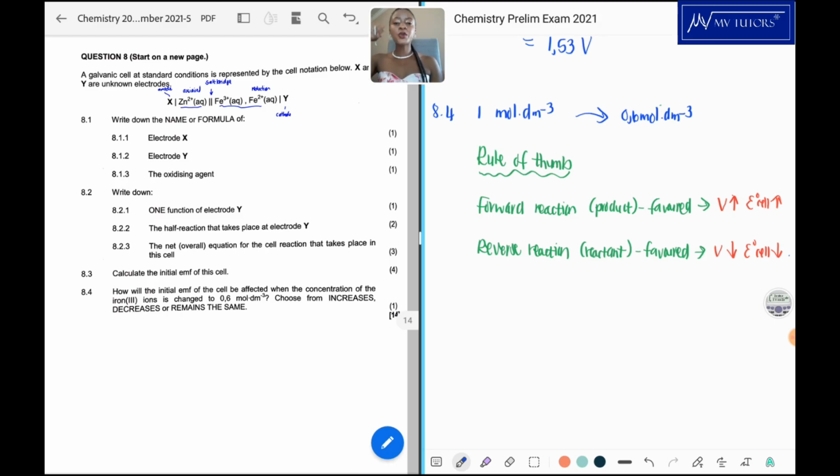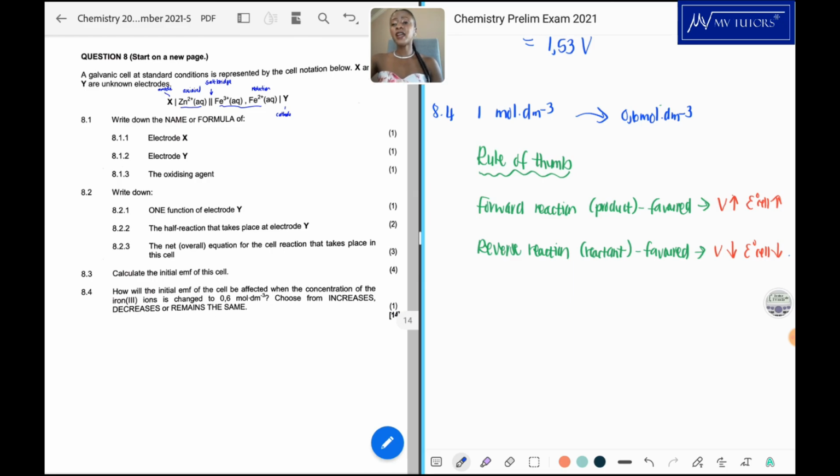Okay, so the rule of thumb is if you have a product favored or forward reaction favored, after you check what happens to the conditions, in our case, the reactants, the concentration reduced, so it had to be reactant favored or reverse reaction favored.